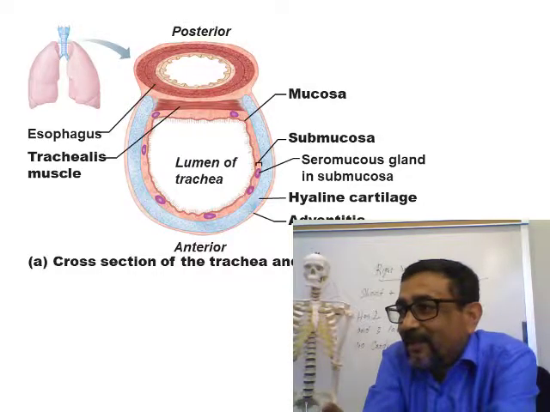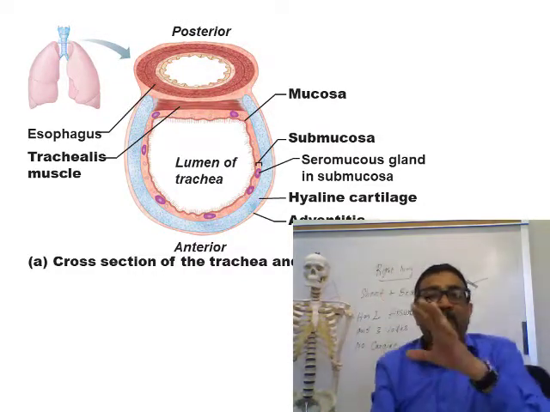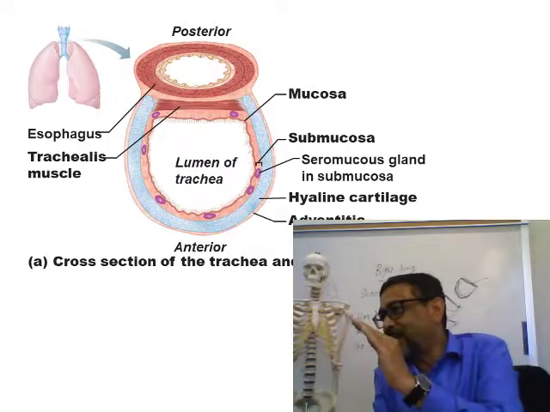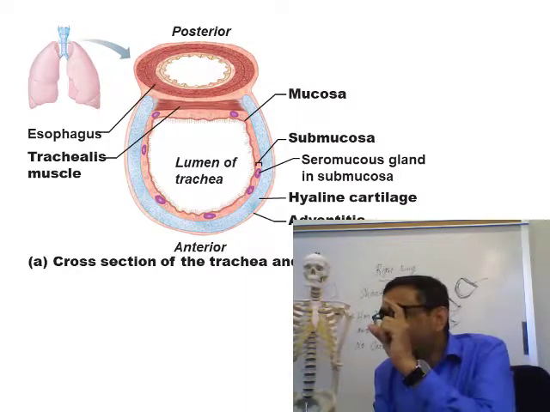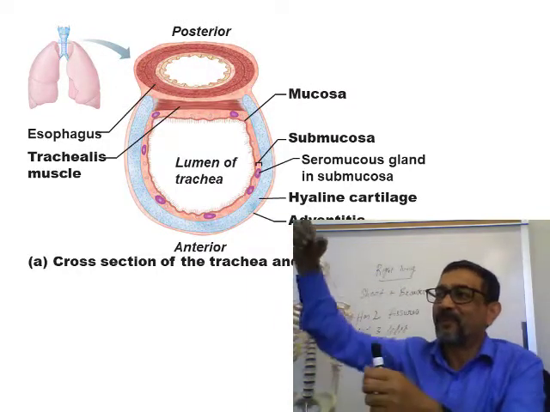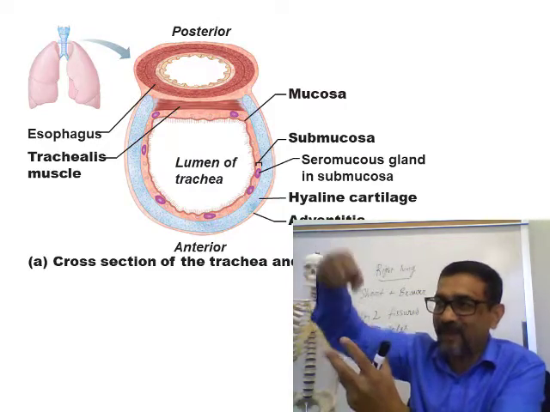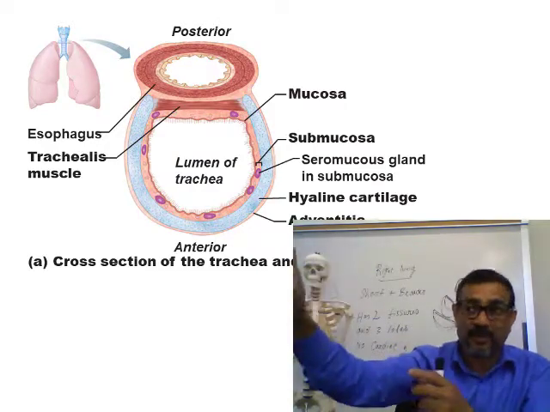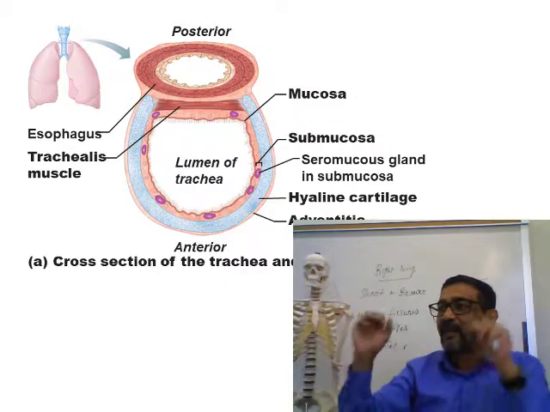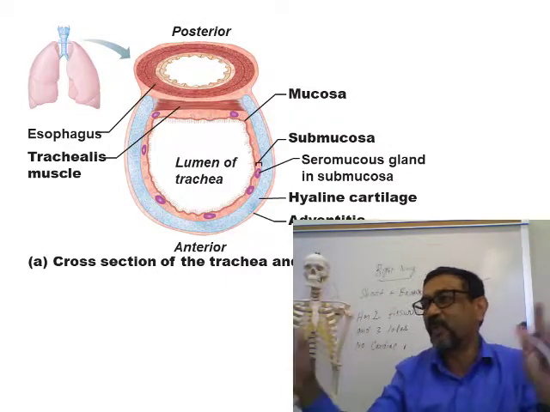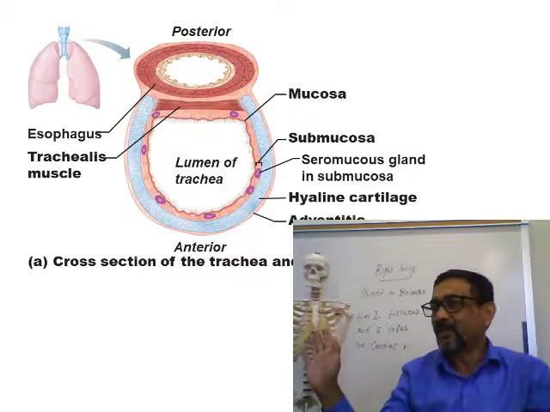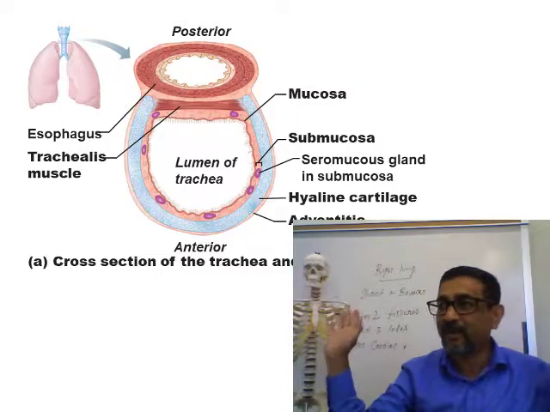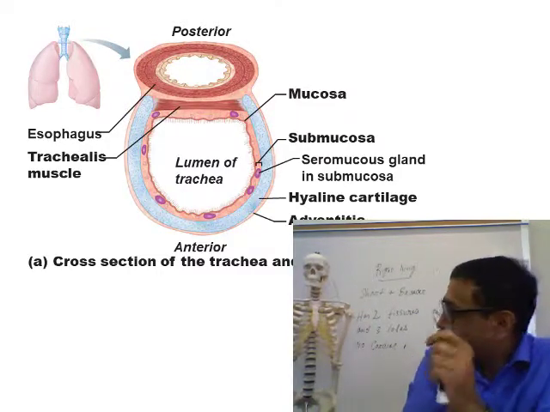Remember, the upper respiratory tract is pseudostratified ciliated columnar, except where the food passes. That is stratified squamous because of friction. Where the air passes, it is pseudostratified ciliated. So the trachea is for air only, so pseudostratified ciliated.